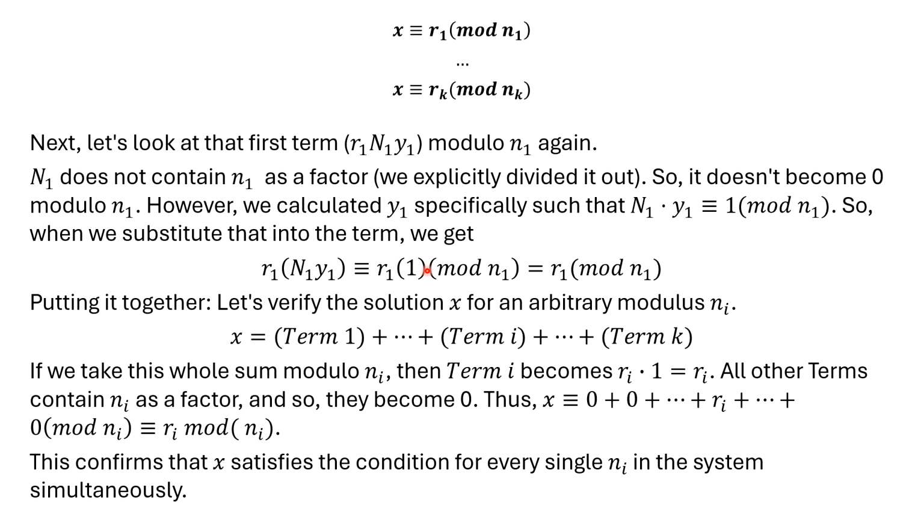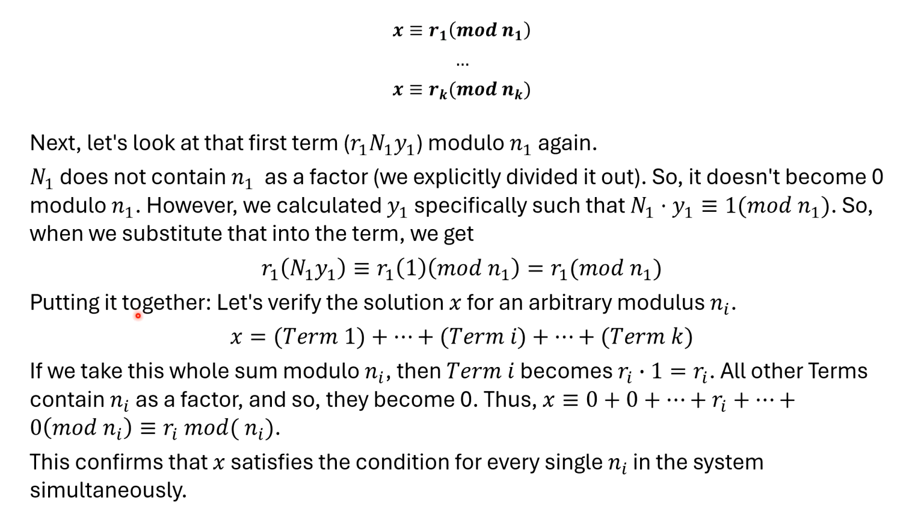These are 1, as we just said, and then we get r sub 1. So that shows that we've solved the first equation here properly with our definition of x. And it's pretty much the same for the other terms. I just took one to illustrate the point here.